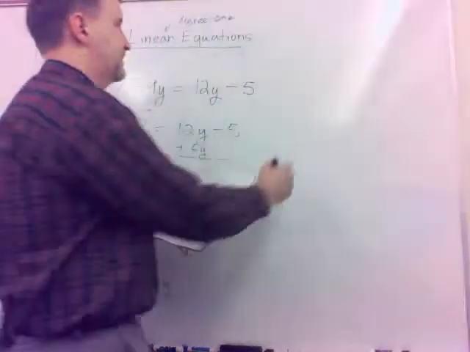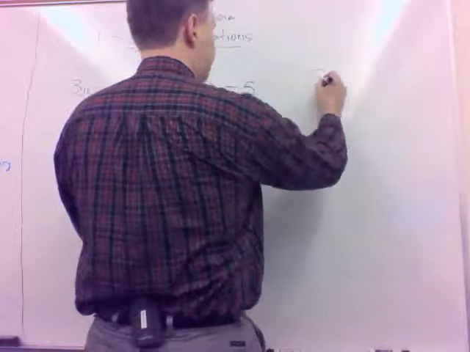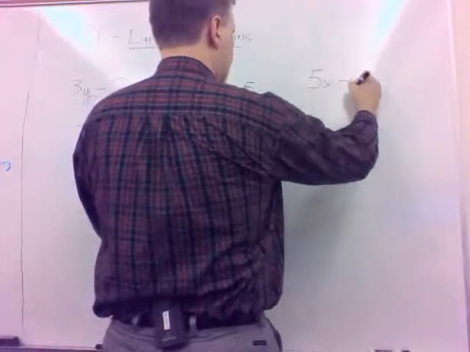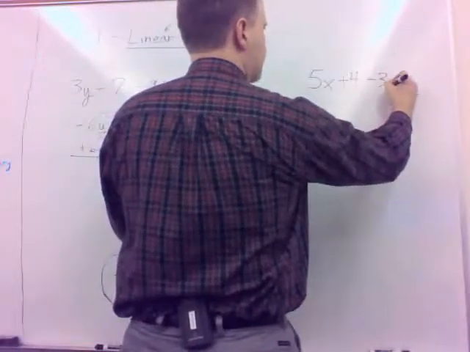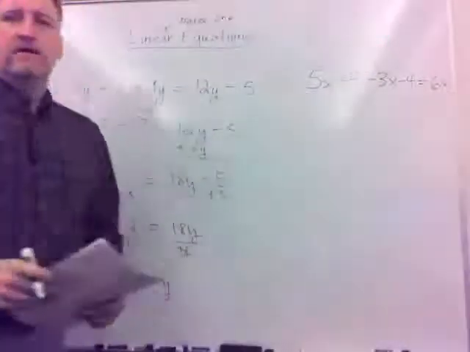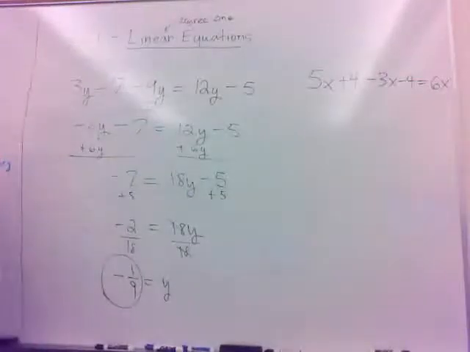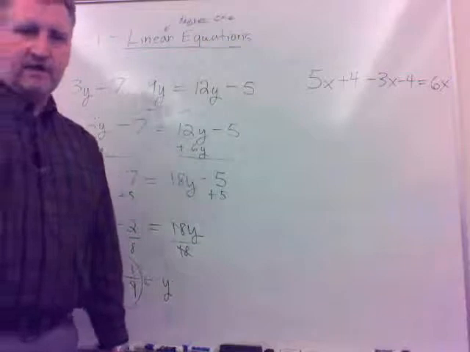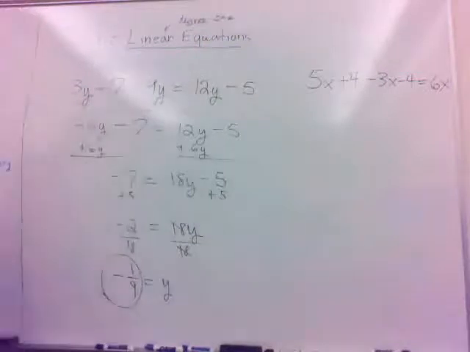Similar thing happens here, but has another little twist on it. Let's say 5x plus 4 minus 3x minus 4 equals 6x.